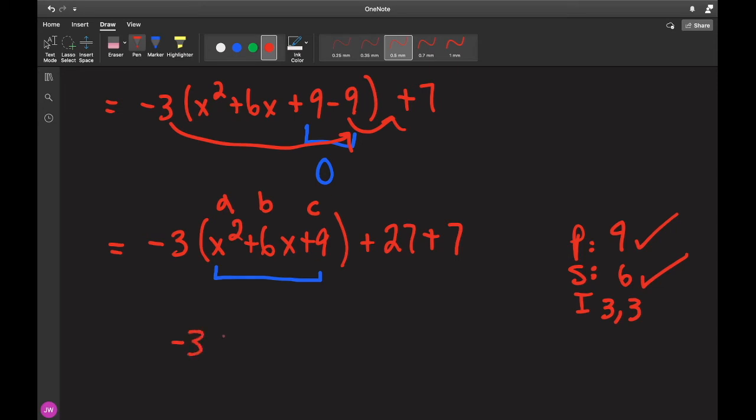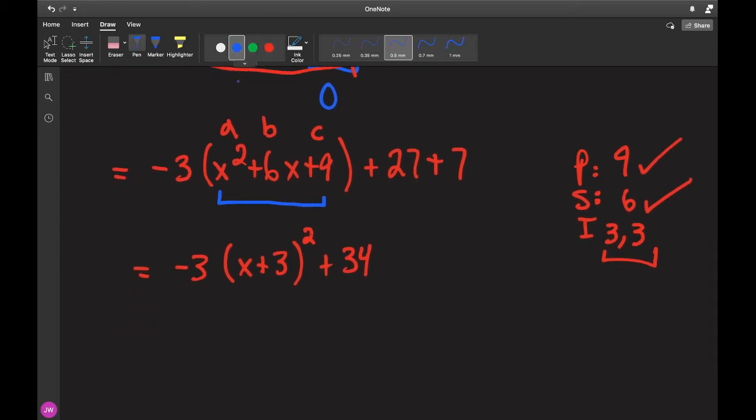So now you can fill that in: x plus 3, squared, because it's the same factor twice, and then 27 plus 7 is 34. So this is now your equation, from standard form to vertex form.